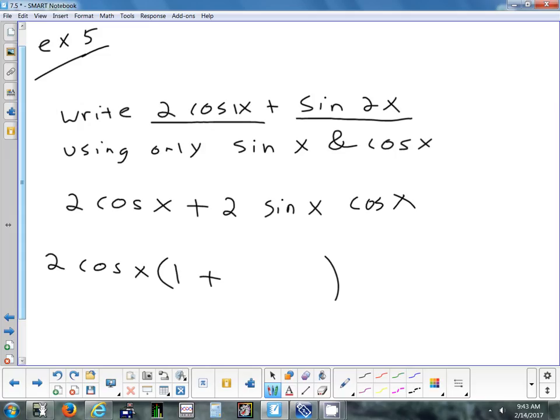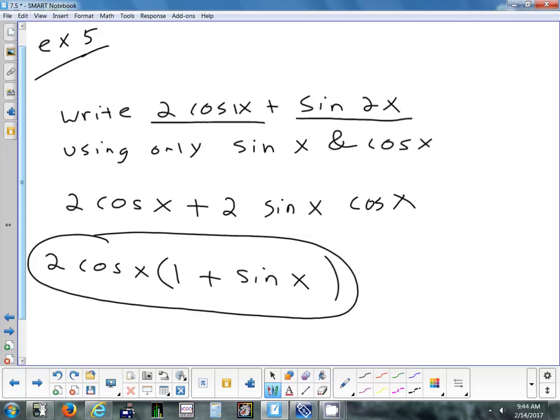And if you factor a 2 and a cosine x out of the second term, what are you left with there? A sine x. And that's all you could do. If they don't ask you to factor, you can stop here. If they do, stop there. Okay, so now there's no more 2's in front of the x's. Okay, so any questions on that?